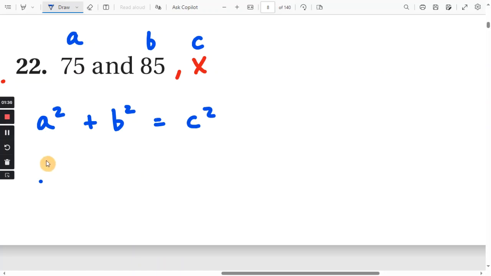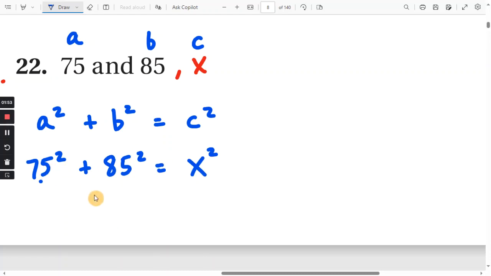We said A is 75, so that's going to be 75 squared. We said B is 85, so that's 85 squared. And we said C is X, so that's X squared.